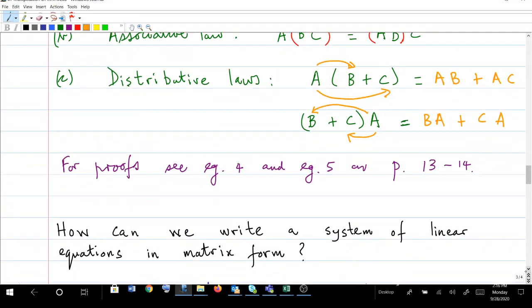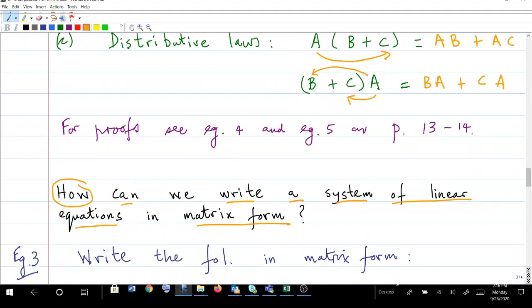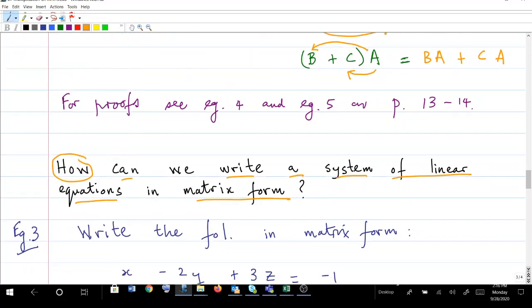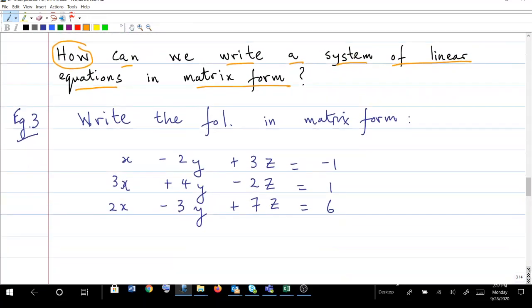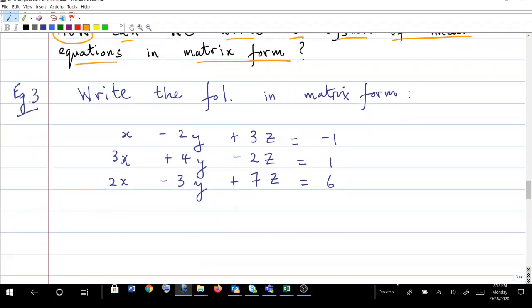Right, the next question we look at, how can we write a system of linear equations in matrix form? We're going to do this by means of an example so that you understand what's going on.